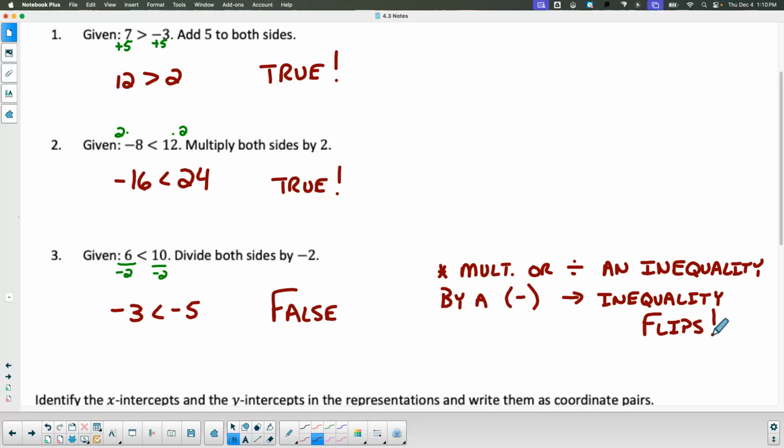That inequality has to flip. And it's only with a negative. It's not with a positive, because we show that in number 2, that with a positive number we're fine. Okay? But if it's multiplying or dividing by a negative number, that inequality needs to flip. Okay?